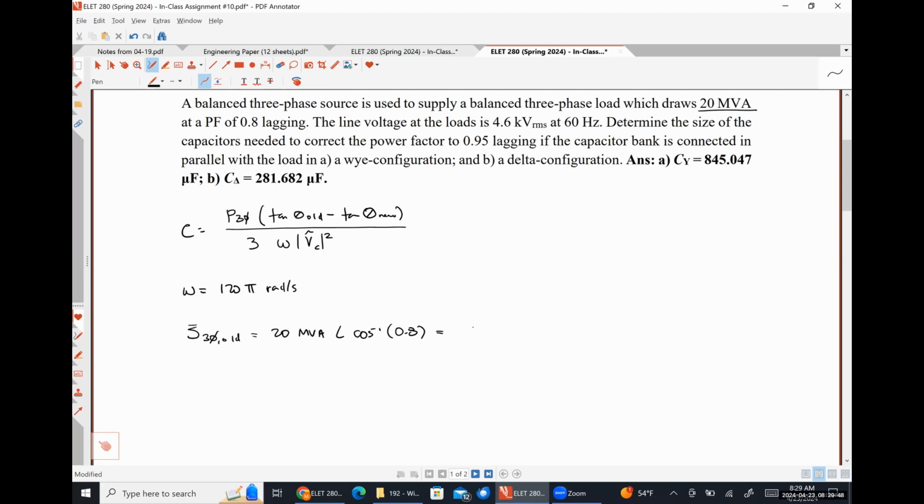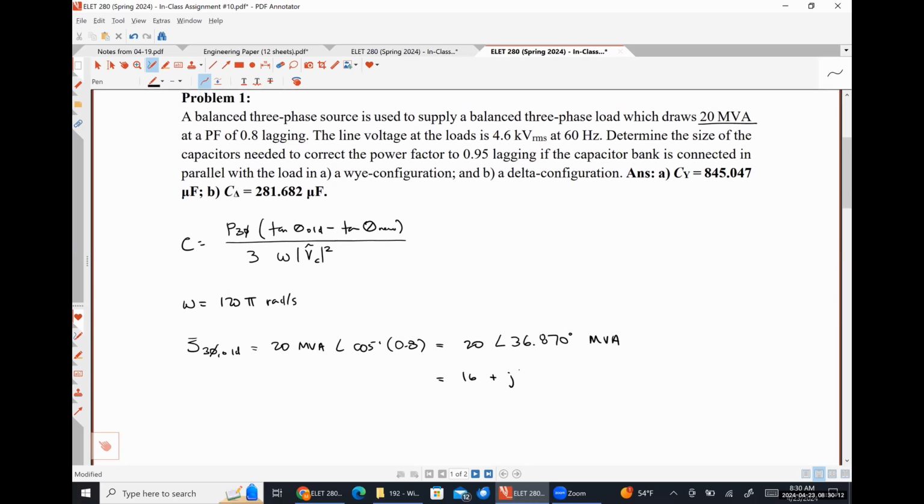Which I get to be 20 angle 36.870 degrees megavolt amperes in polar form, and 16 plus j12 megavolt amperes in rectangular form.